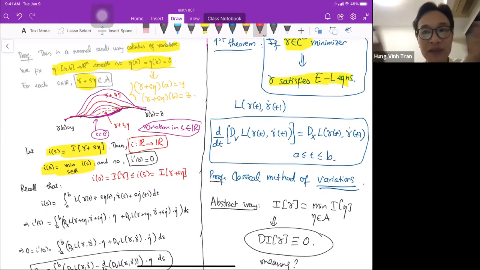So whatever the parameter you are using, I(0) is the minimum value.